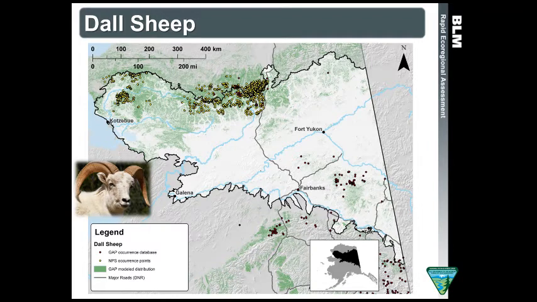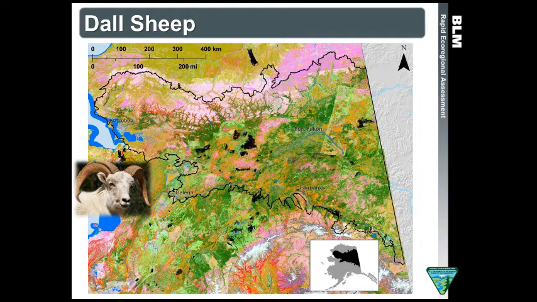I'm just trying to think of scale. I don't know if it would be useful to have a given radius around each point, and if the point falls within that radius, you don't count it again. Yeah, and so the tricky thing, so I'm going to go to the next slide for a sec to show you. So this is our land cover map. For all of Alaska, we have this, and so every color is a different landscape.